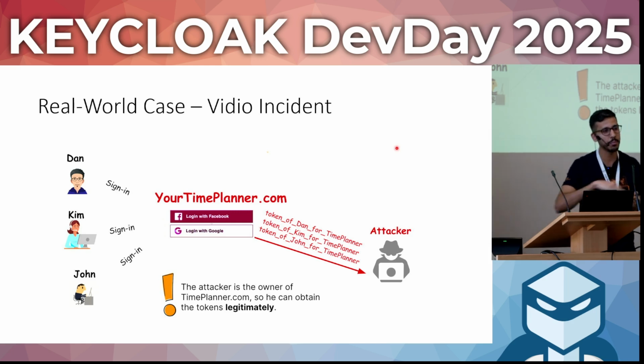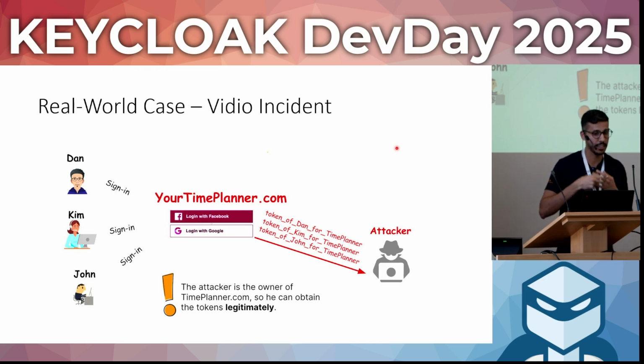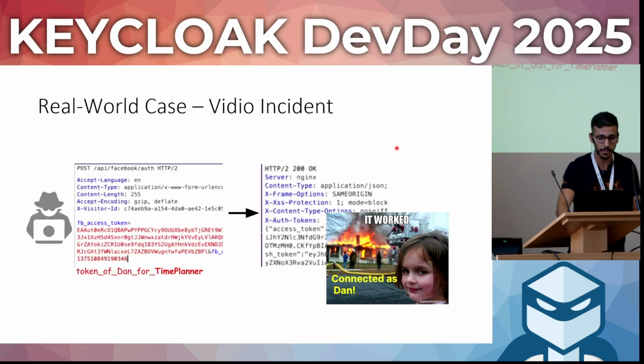Then I can simply pass these tokens to the Video application, and they will be accepted because there is no audience check. Of course, the application will verify that the token is signed by Facebook and contains the necessary claims, but it doesn't check if this token is intended to be used in the context of this application.